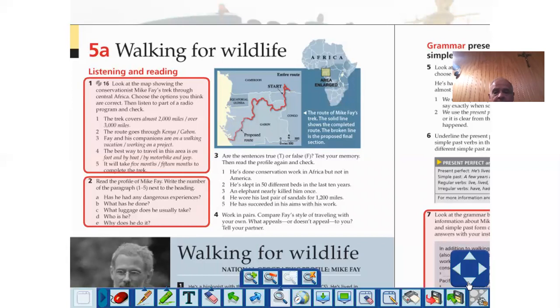Yeah. Now, are the sentences true or false? Test your memory. Then read the profile again and check. Number 1, read it, Kimberly, and tell me if it is true or false. He's done conservation work in Africa, but not in America. True or false?